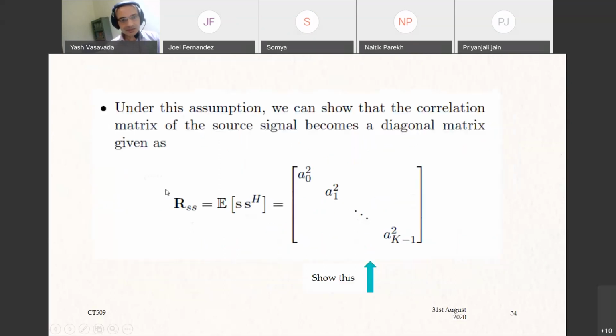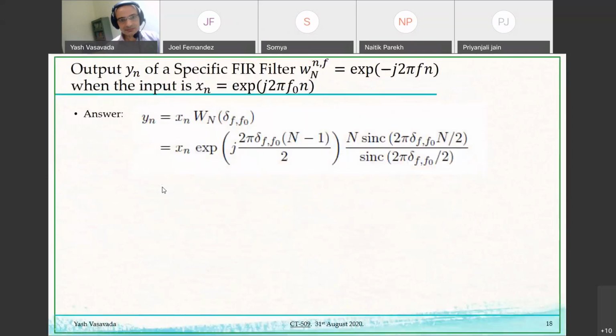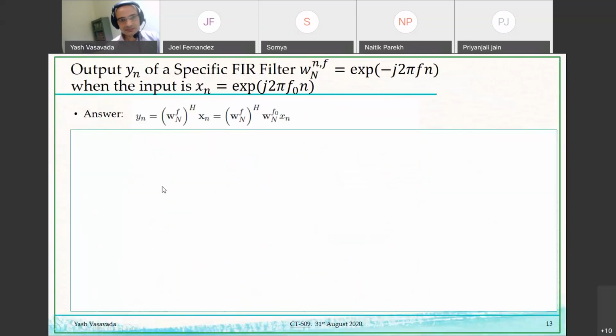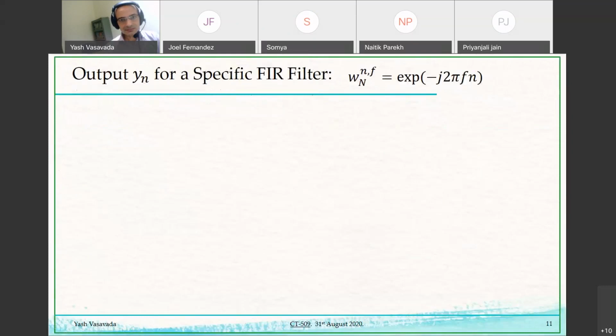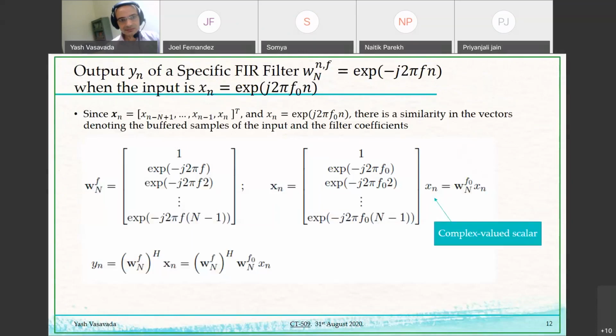Maybe we can quickly go and look at it. See here, in this x of n, this n is the time index. That time index we have taken as the index of the scalar term that is coming outside of these W terms. Inside the W term, the time index is not present.